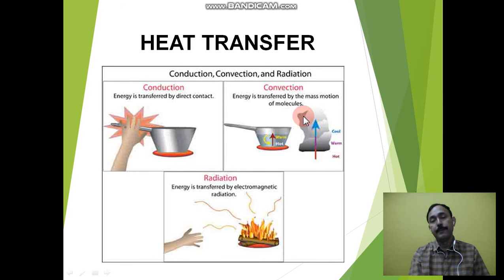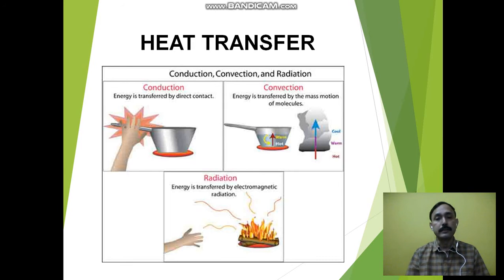To fill up the gap, the heavier air molecules come down, so air movement will start from the upper surface to the lower surface. This is the convection.